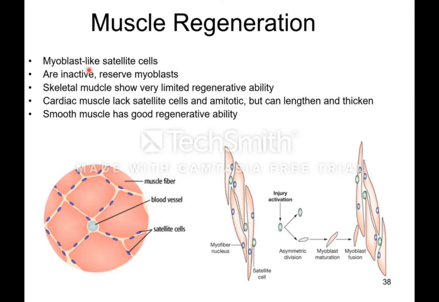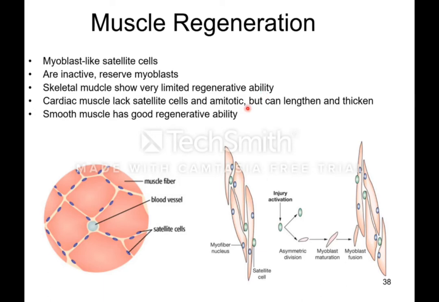But the skeletal muscle shows very limited regenerative ability because of the few satellite cells. And the cardiac muscles lack satellite cells and are amitotic cells. Because of this, they don't have any regenerative ability.